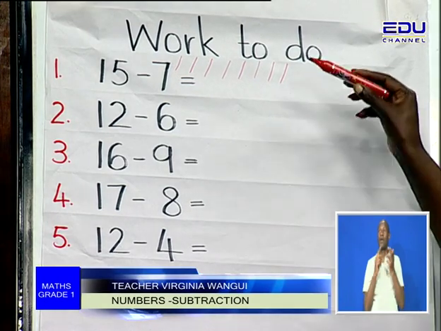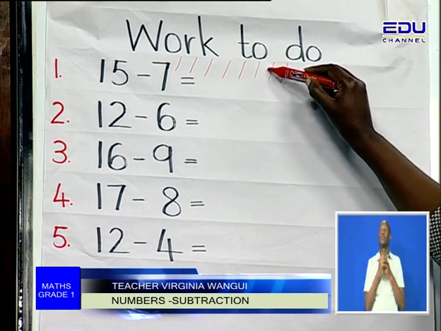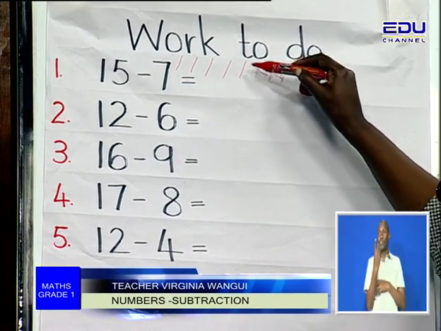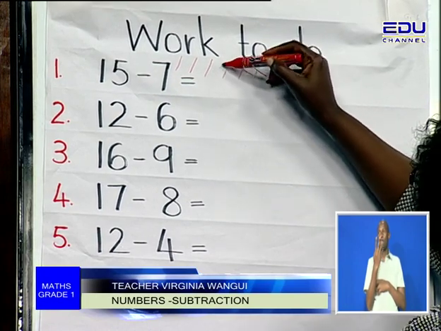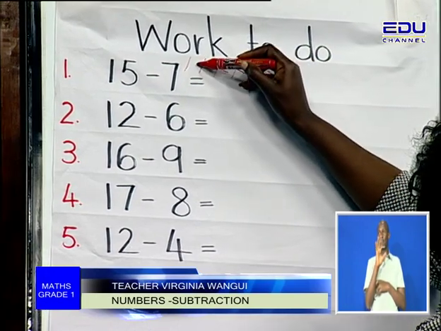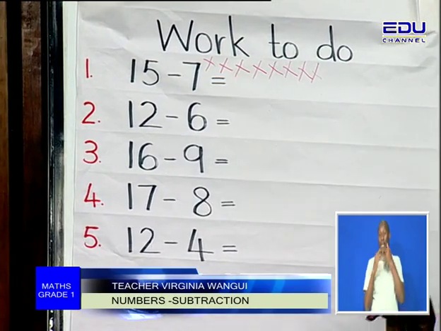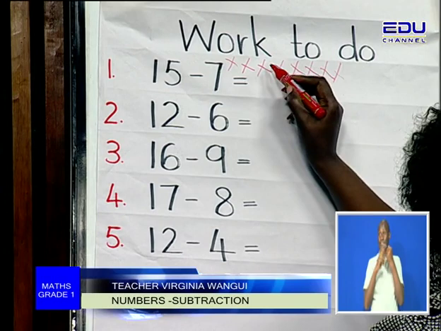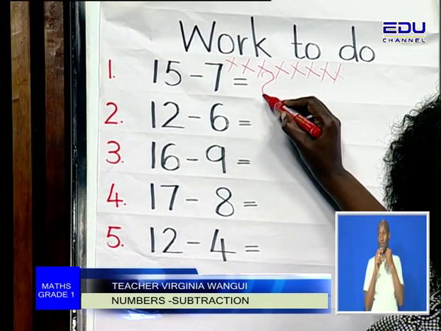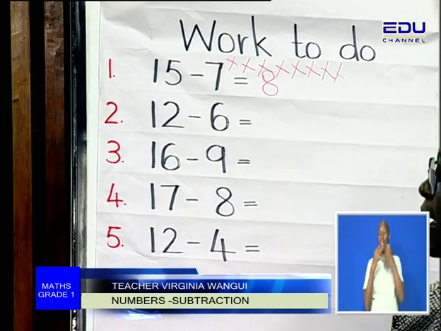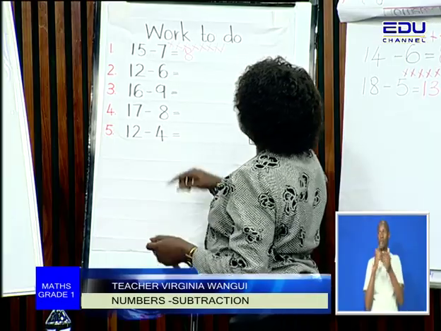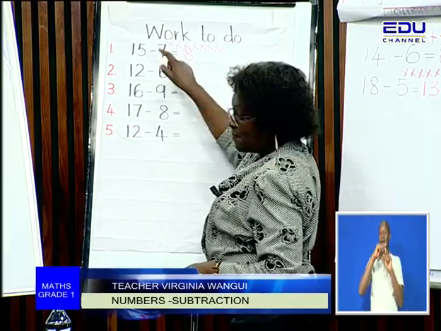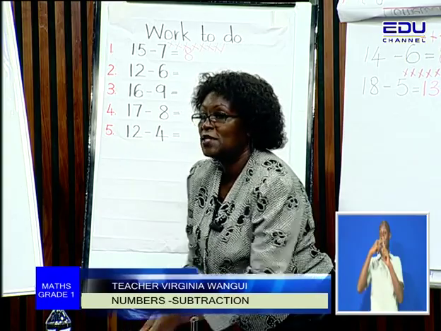How many have we added? 1, 2, 3, 4, 5, 6, 7, 8. So 15 take away 7, you get 8. And it is true because if you add 8 plus 7, you get 15.